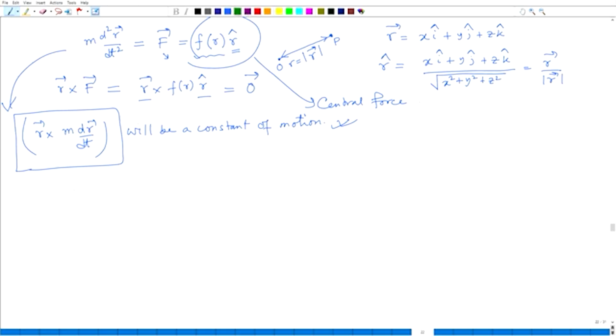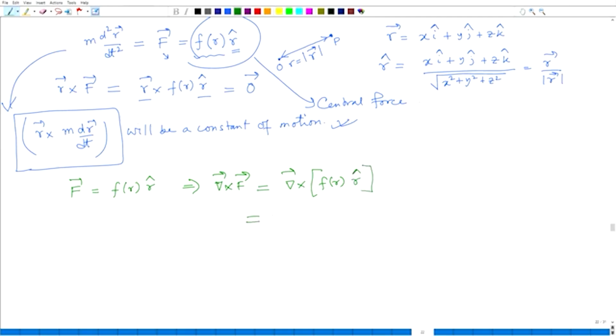We can take this specific form of this force, which is F(r) r cap. I can calculate curl of F, and this will be exactly curl of F(r) r cap.